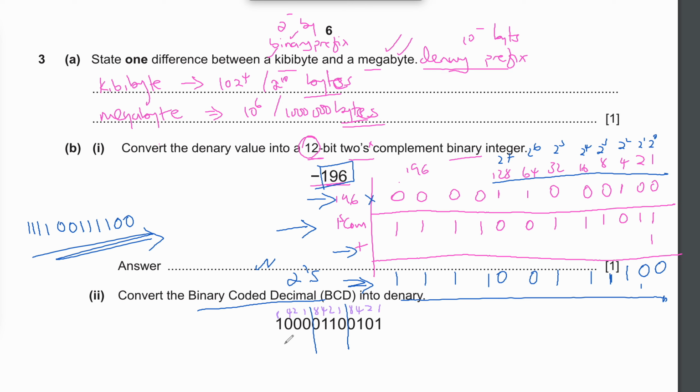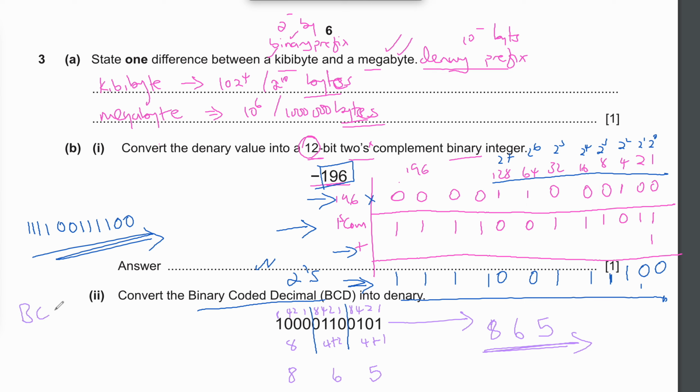So here I have only 8. Here I have to add 4 plus 2. Here I have to add 4 plus 1. So this will give me an 8, this will give me a 6, this will give me a 5. So at the very end of the day, converting this number will give me 8, 6, 5. That's the general value that is represented by this BCD. Pretty simple. So that's just a touch base on BCD.